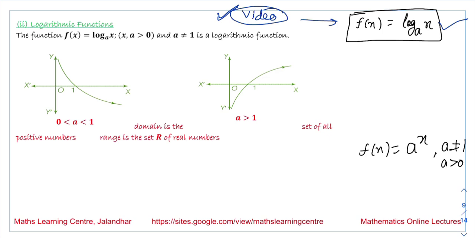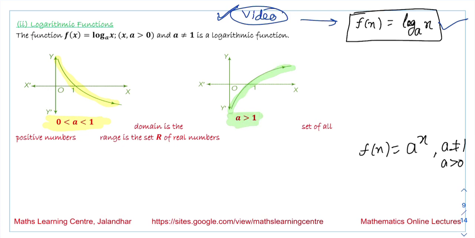So over here, if we look at these values, the graph of this function is shown over here. This is the graph of the function when a lies between 0 and 1, and this is the graph of this function when a is greater than 1.